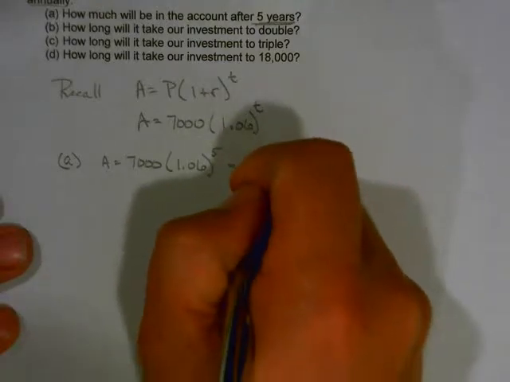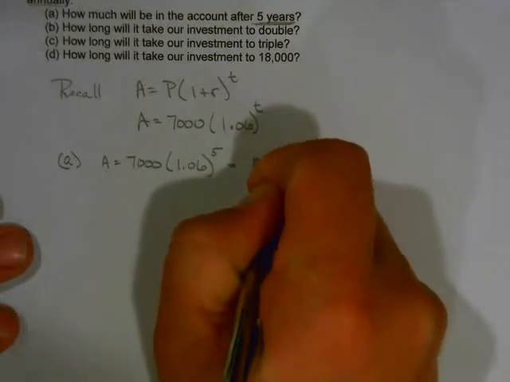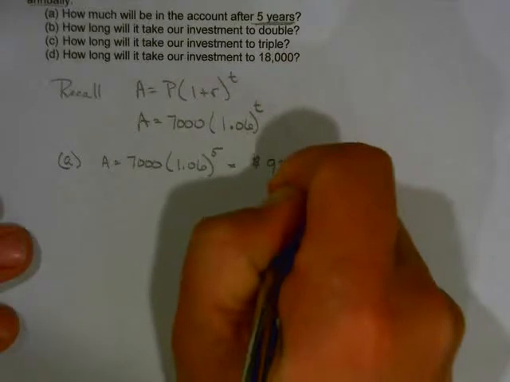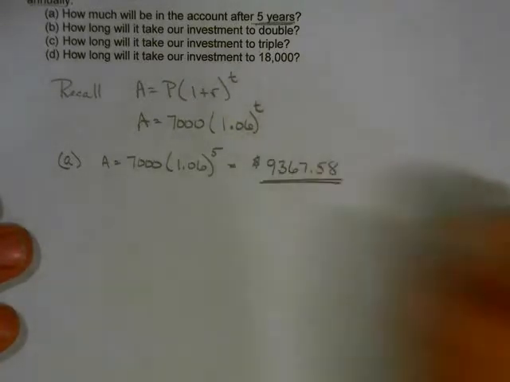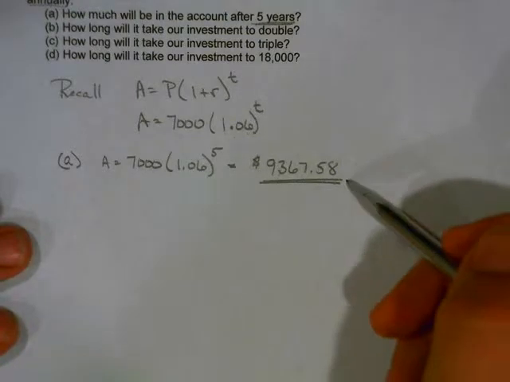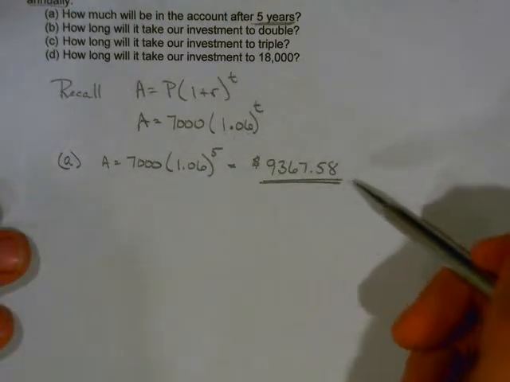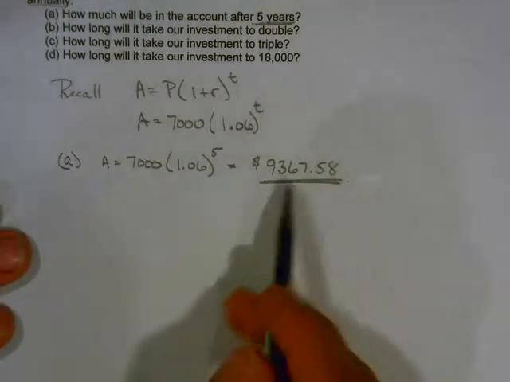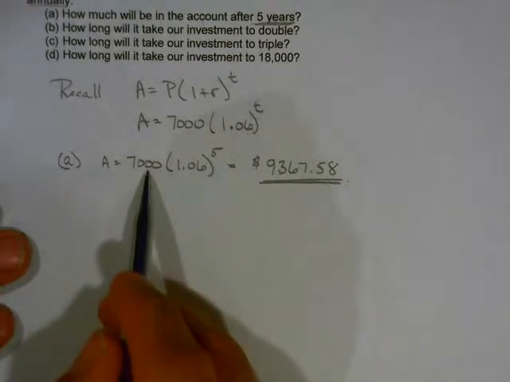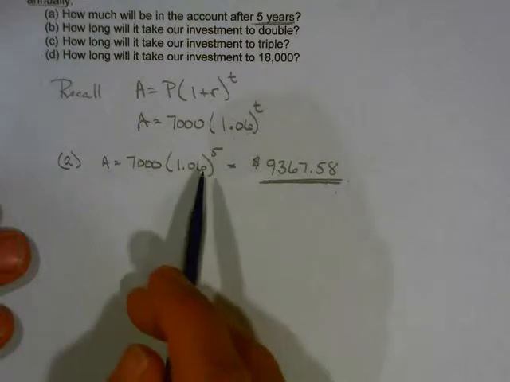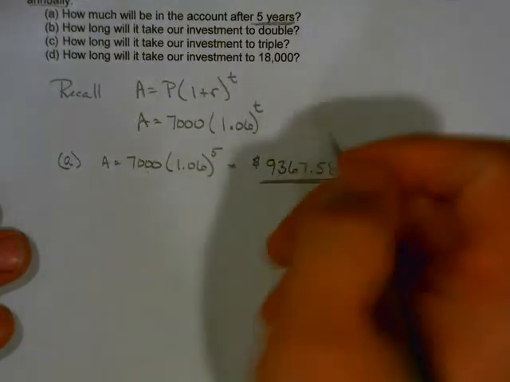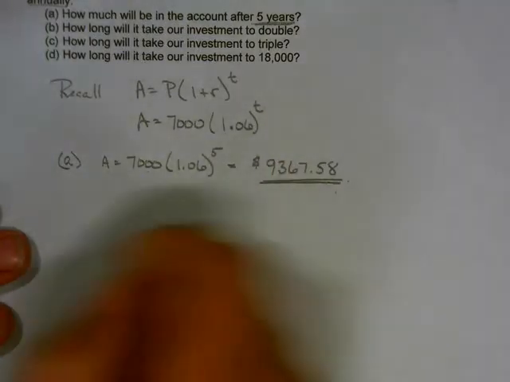So this is going to equal $9,367.58. Now again, a question that I could ask is how much interest has been earned over the 5 years. If this is our future value, this was our present value, the difference between them would be your interest earned. But that wasn't one of these questions.